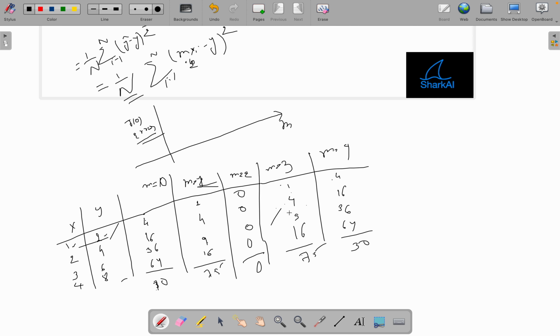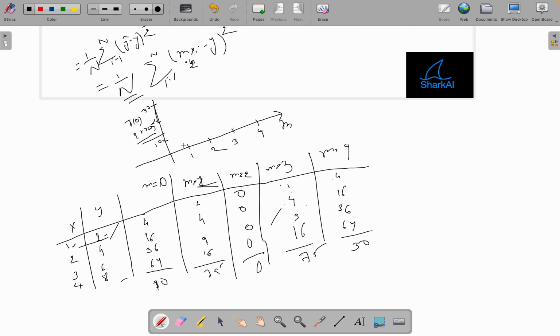So when you try to plot this, the x value is 1, 2, 3 and 4. Sorry, m value is 1, 2, 3 and 4. And suppose this value is 10, here it is 20, and suppose here it is 30.